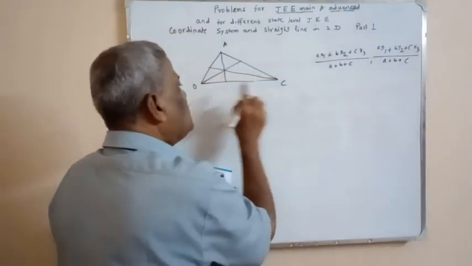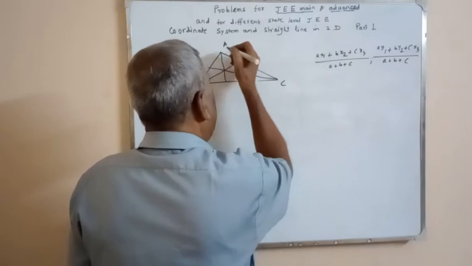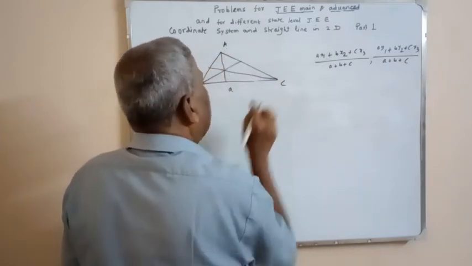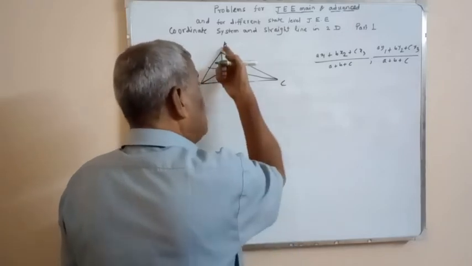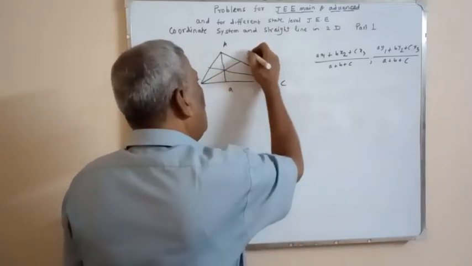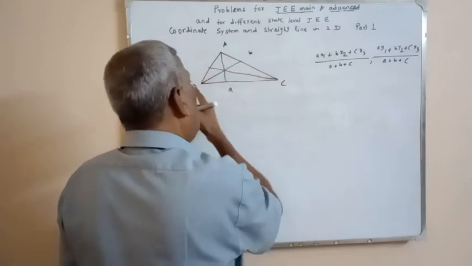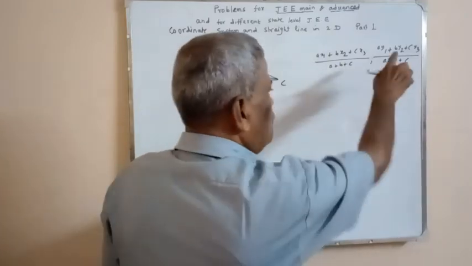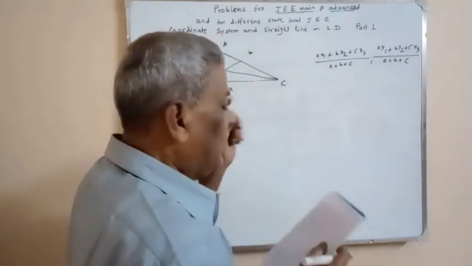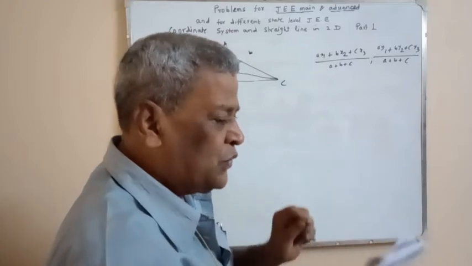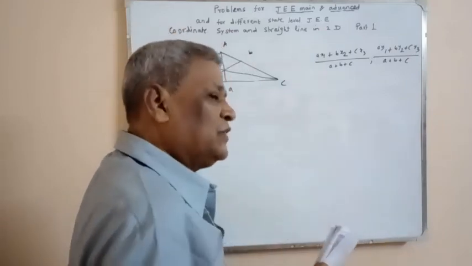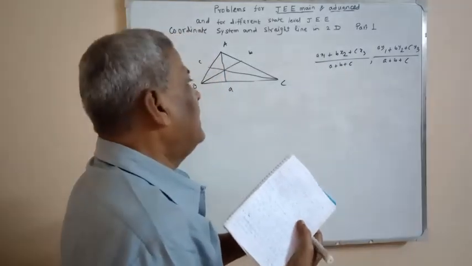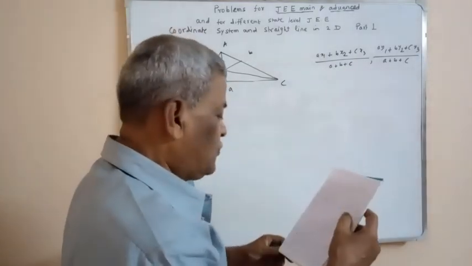Here small a is the length of the side opposite to capital A, similarly small b is the length of the side opposite to capital B, and this is small c. Knowing x1, y1, x2, y2, x3, y3 and the lengths of the sides, very easily, using this formula, we can obtain the incenter of the triangle.